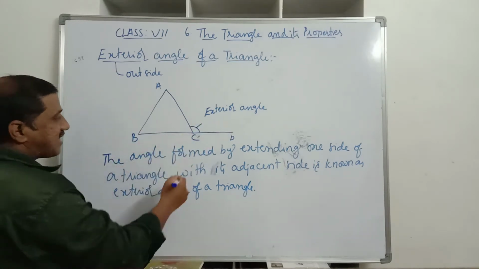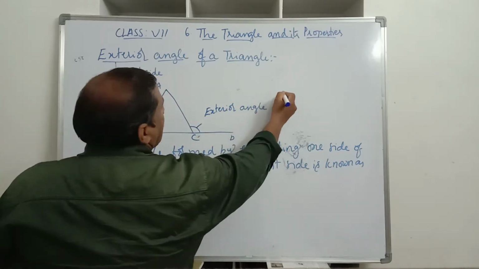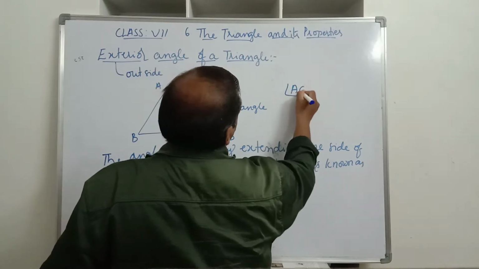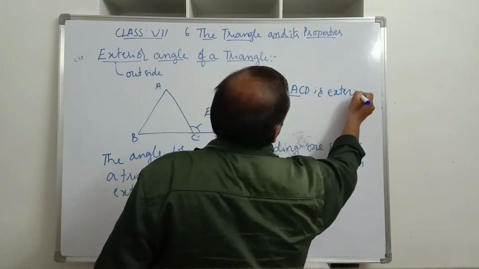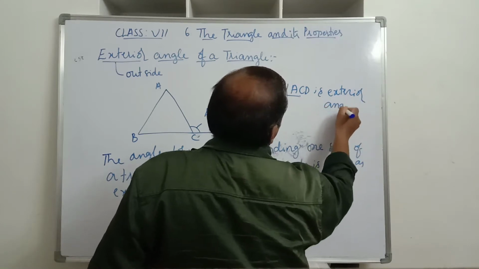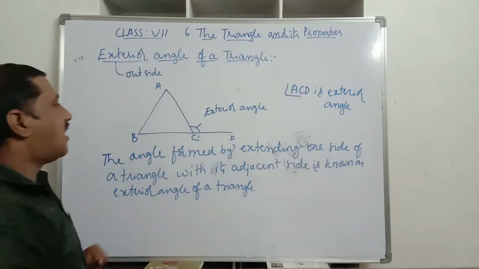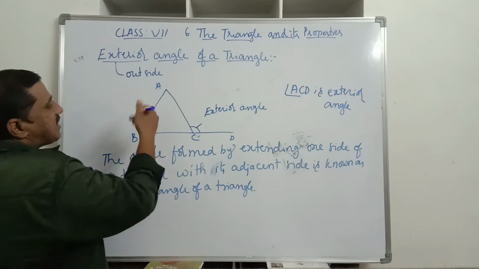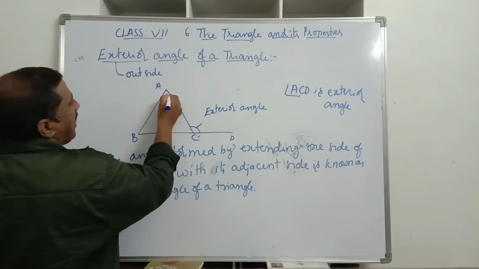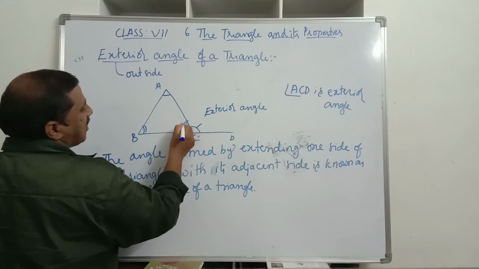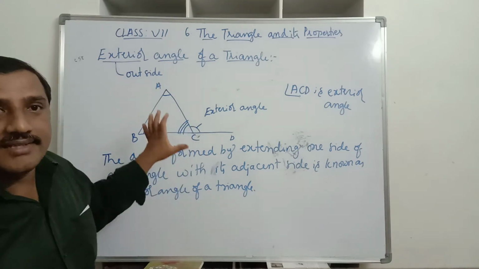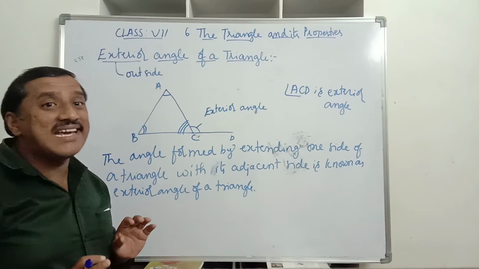Here, what is the exterior angle in this figure? Angle ACD is the exterior angle. Now how is it related to the angles of the triangle ABC? Inside the triangle we have angle A, angle B and angle C. We have three angles. What do we call these three angles? These three angles are known as interior angles.